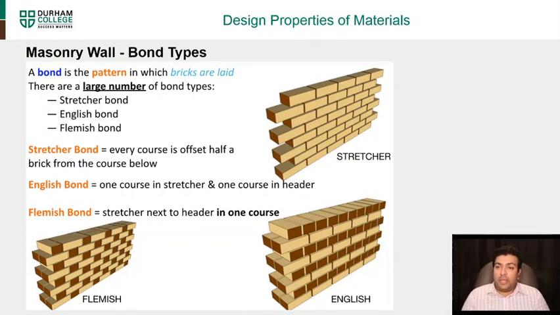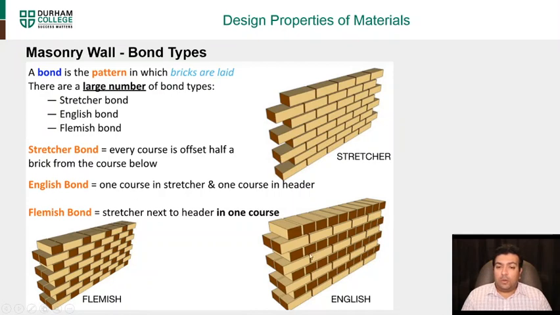The common ones that we use are a stretcher bond, an English bond, and a Flemish bond. In a stretcher bond, every course is offset half a brick from the course below. So you can see here, this is a typical wall section, which is called the stretcher bond. Every course here on top, you can see that it's offset half.